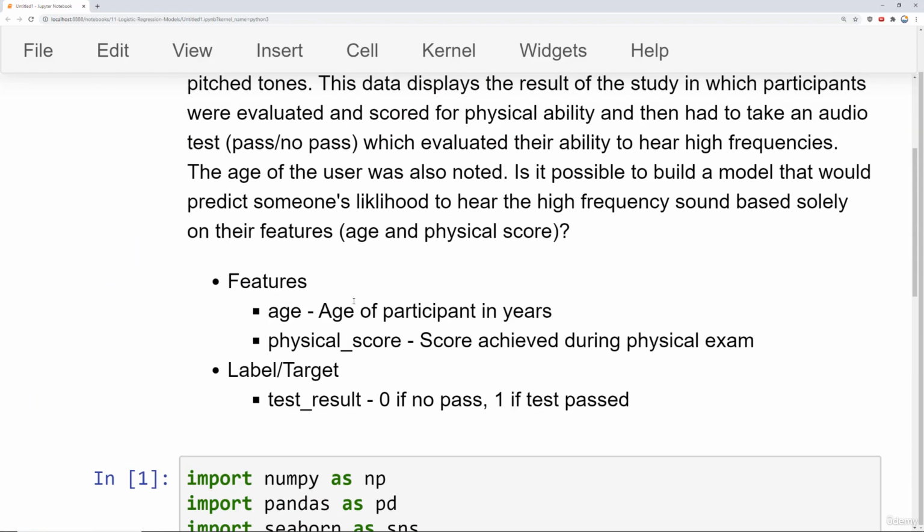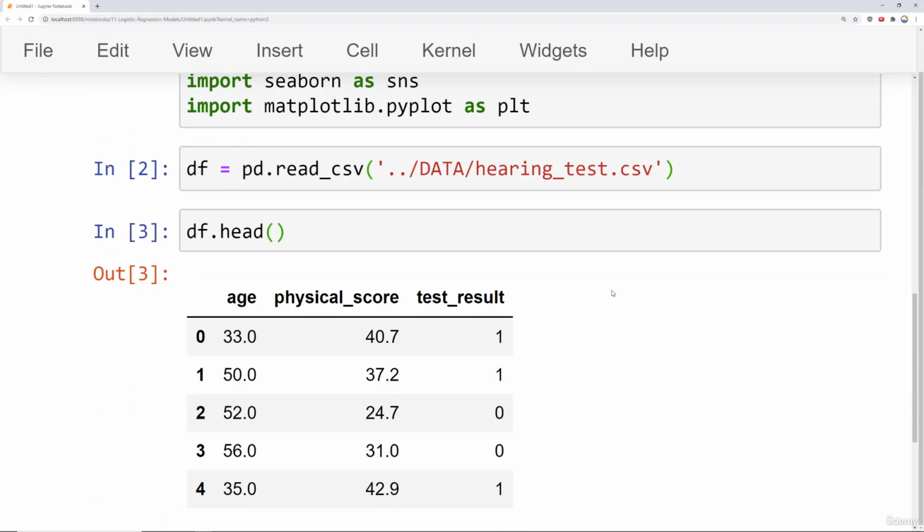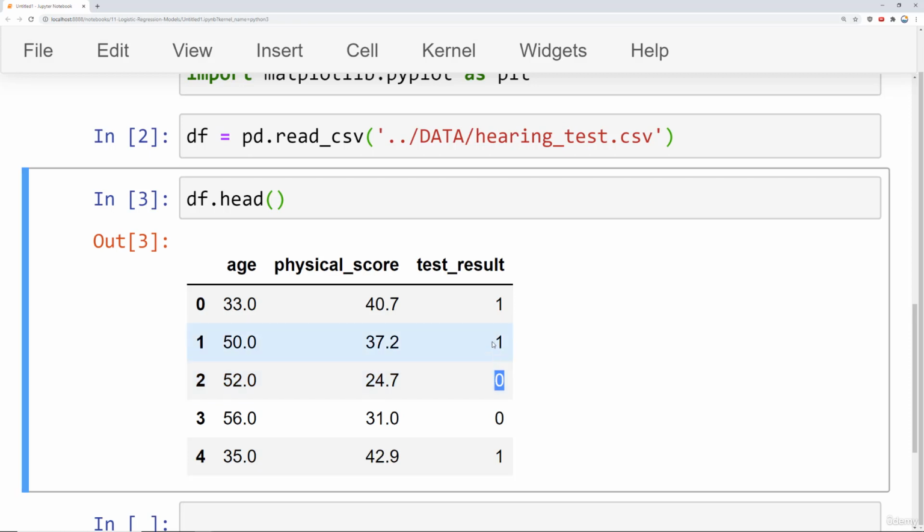Almost always you'll have some sort of description here, like 0 if no pass or 1 if test pass, but sometimes you'll be reading in a data set from an unknown source, and you always want to clarify what the 0 means versus what the 1 means. Okay, and later on we'll discuss multi-class classification.